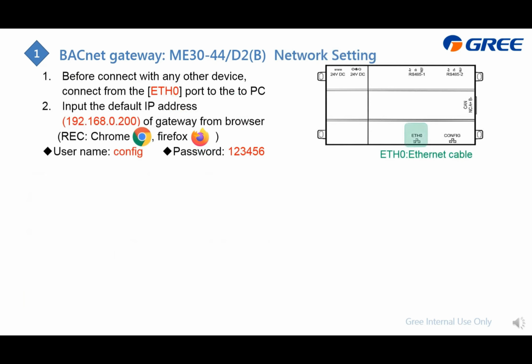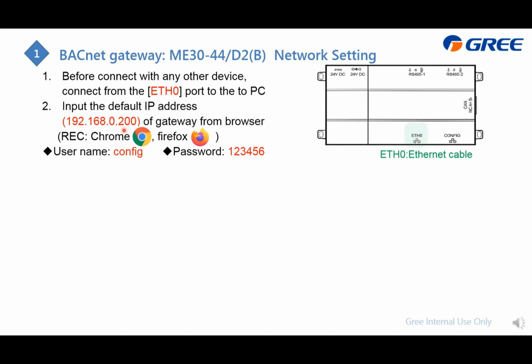Next is how to do the commissioning from the BMS system or PC, which is to tell this gateway how to transmit the data to the PC or BMS system. At this step, you need to first do the wiring, from this Ethernet cable, this ETH0, to the PC.